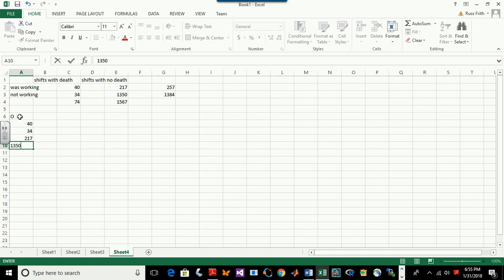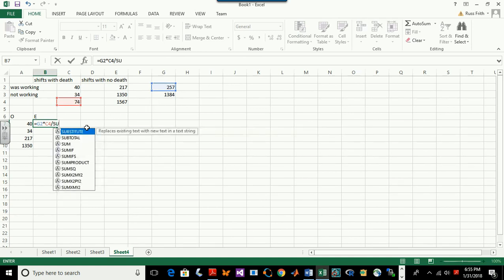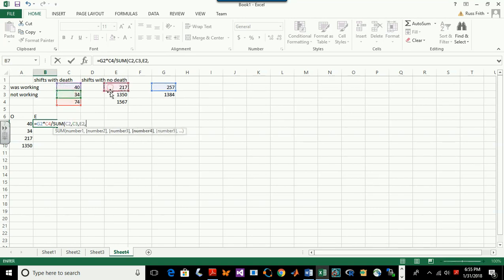Okay, so the expected value here, for 40, would equal the row total times the column total divided by, well, I need to sum up all these numbers. Sum of that number, that number, that number, and that number.